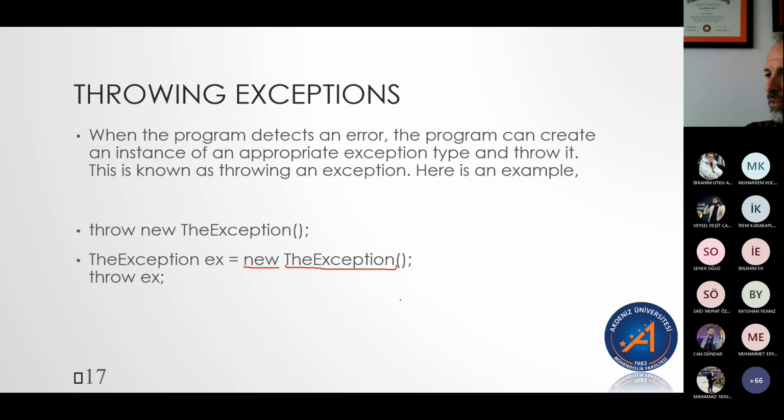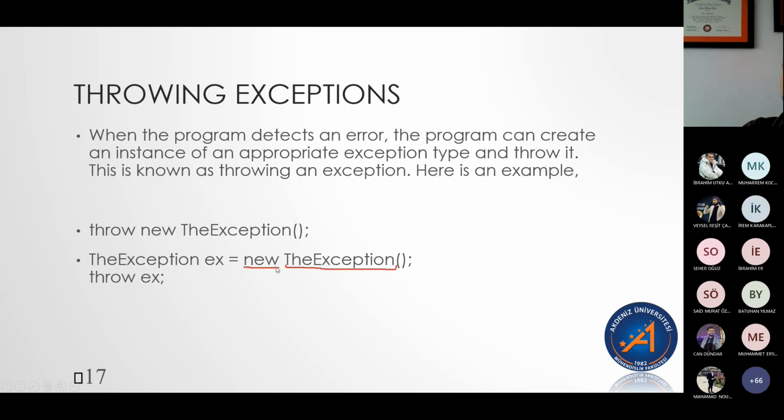And just like every other object, they have a constructor, they have methods, they have a toString method, they inherit from the Object class, right? And so when you create an exception, you're creating an object.